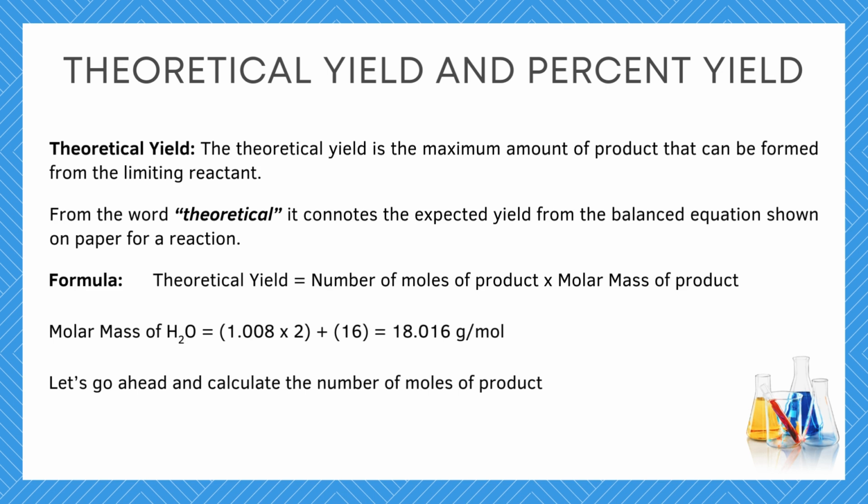We do not know, so we have to find that out. The molar mass of the product, however, we can do here because we have the relative atomic masses of all the individual elements. For hydrogen, it is 1.008, and then H2 will be 1.008 times 2 plus oxygen, which is 16. When you add all of them together, it gives you 18.016.